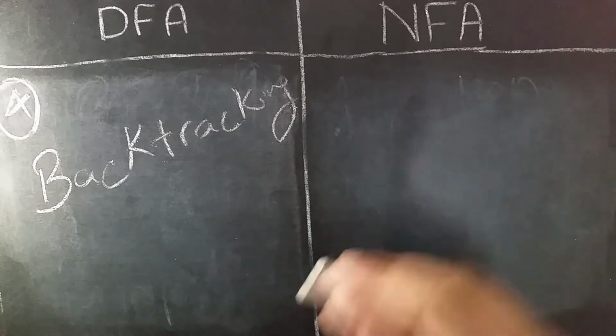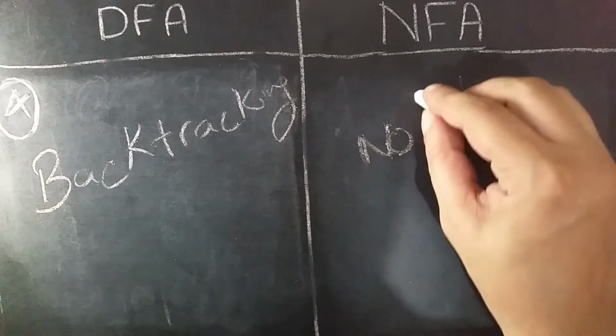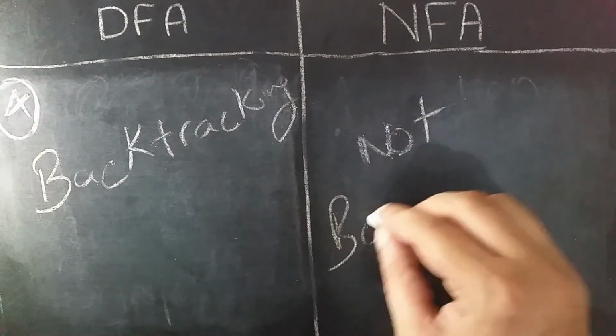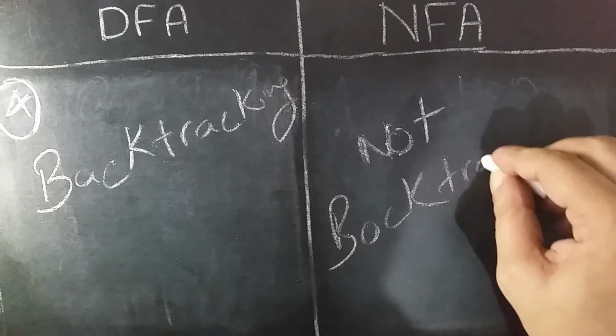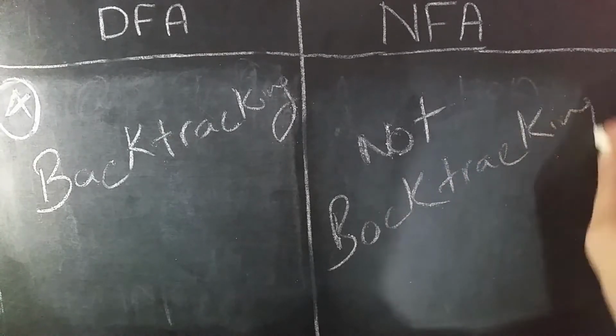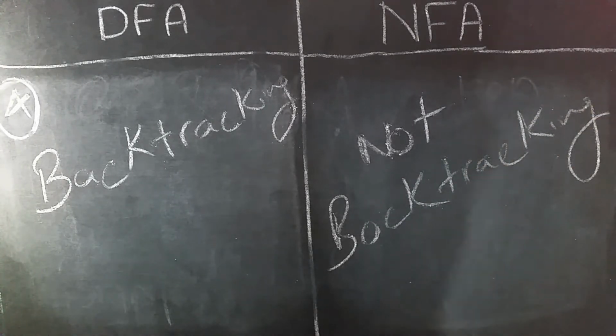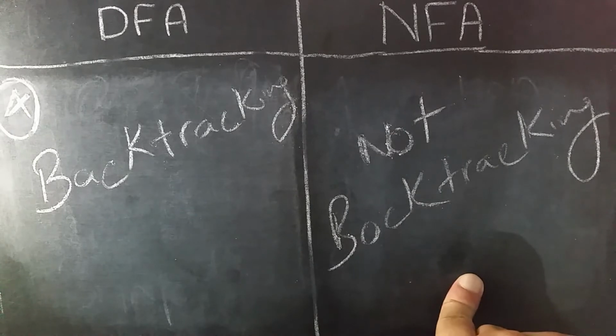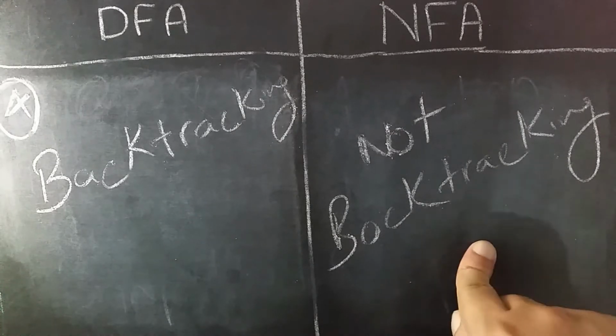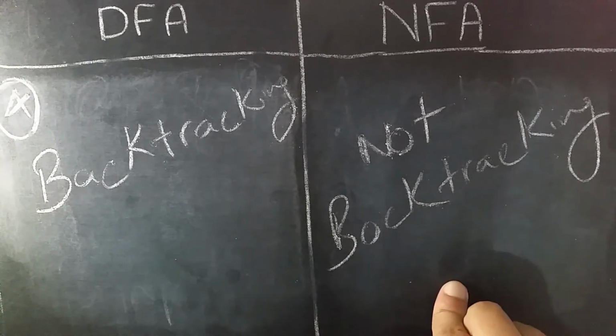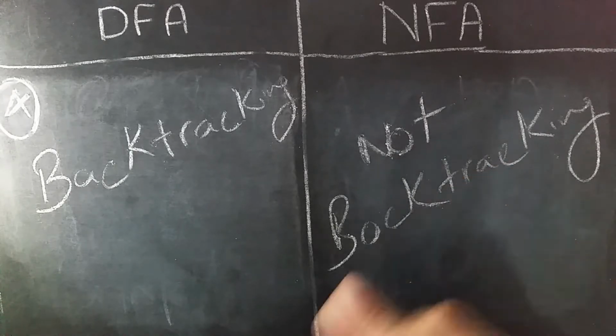Whereas in NFA, backtracking is not possible. It is sometimes possible, but not always, since DFA is also a part of NFA, so in some NFAs backtracking is possible, but most of the time it isn't.